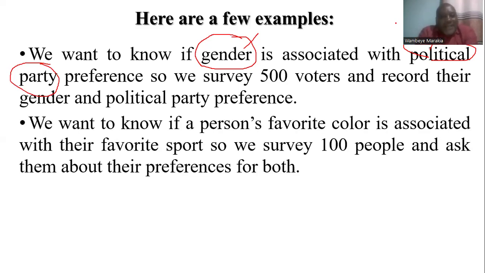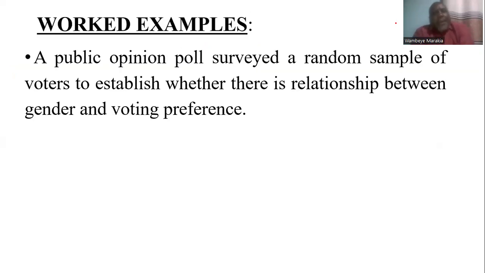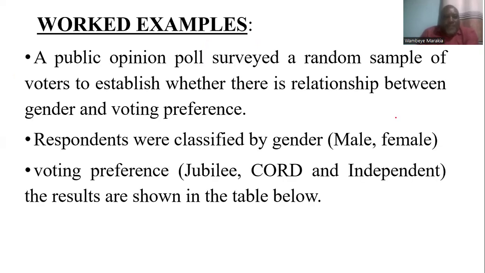So in this survey, the parties we are going to use are Jubilee, because of course we know in Kenya we have these parties: Jubilee, CORD, and Independent. So there was one candidate who was a Jubilee candidate, a CORD candidate, and an Independent.